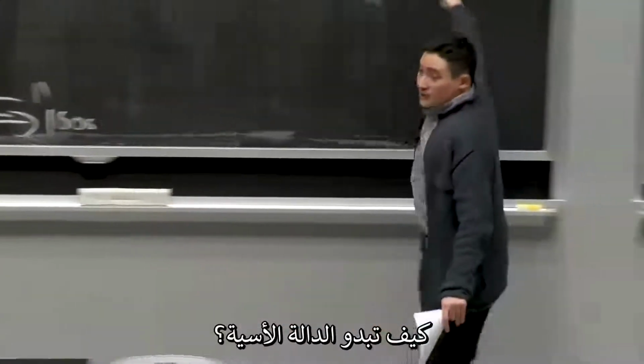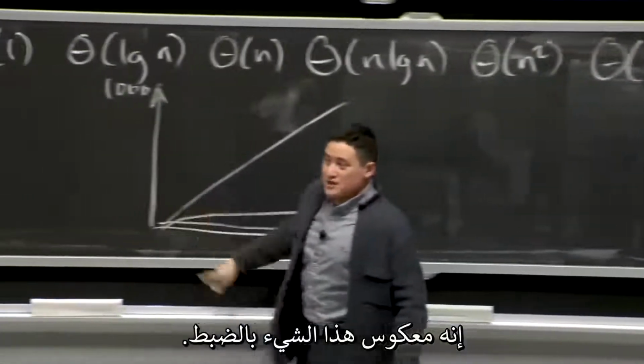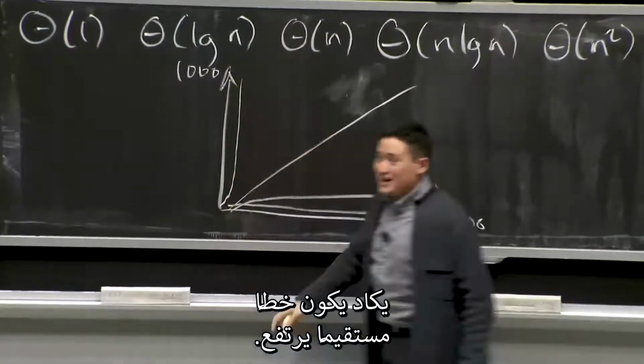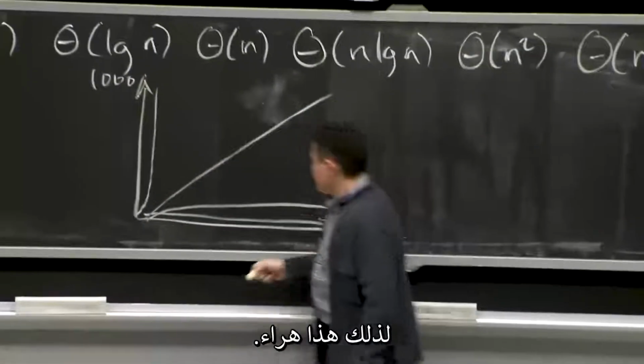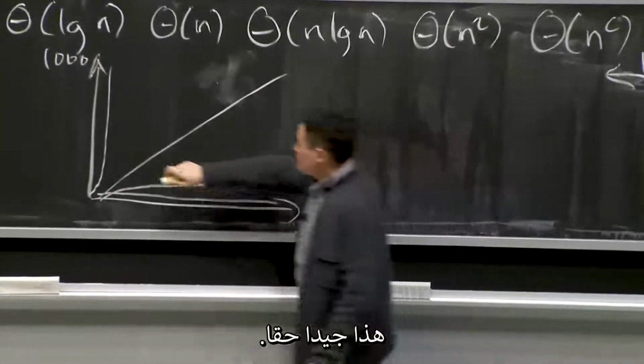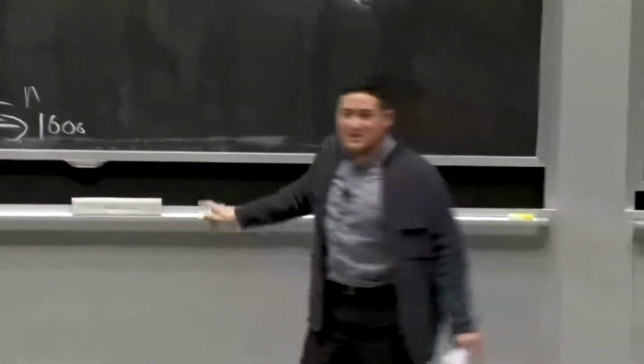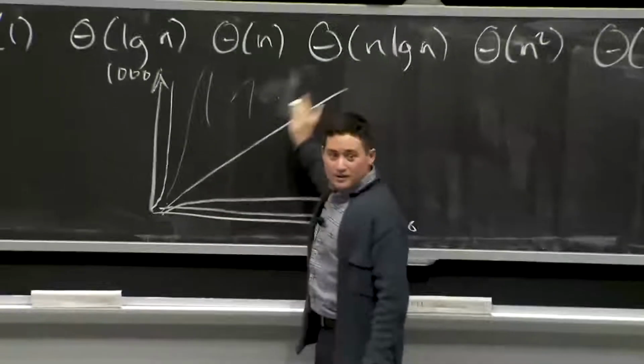What does exponential look like? It's the exact inverse of this thing. It's almost an exact straight line going up. So this is bad. This is really good. Almost anything in this region over here is better. At least I'm gaining something.